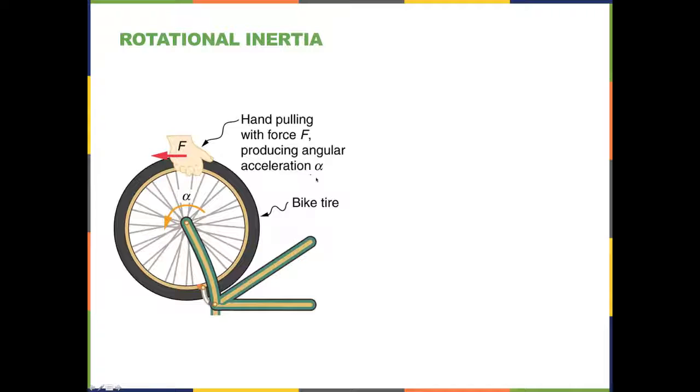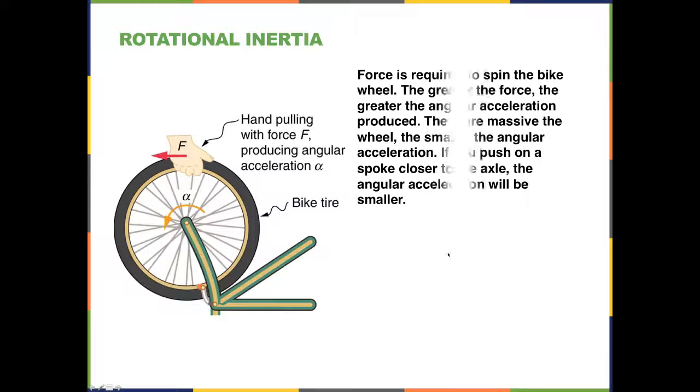Force is required to spin a bike wheel. The greater the force, the greater the angular acceleration produced. The more massive the wheel, the greater the size of the wheel, the smaller the angular acceleration. The closer you get to the axis to apply your force, the smaller the angular acceleration will be.